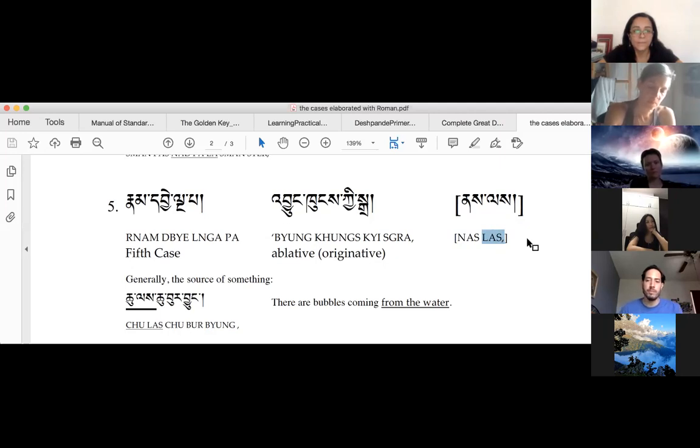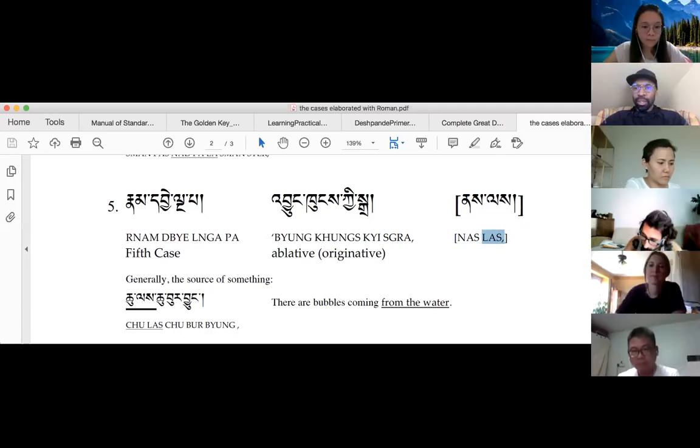And it can also mean work, like leka. I think it can mean any given action as well, not just karma specifically.